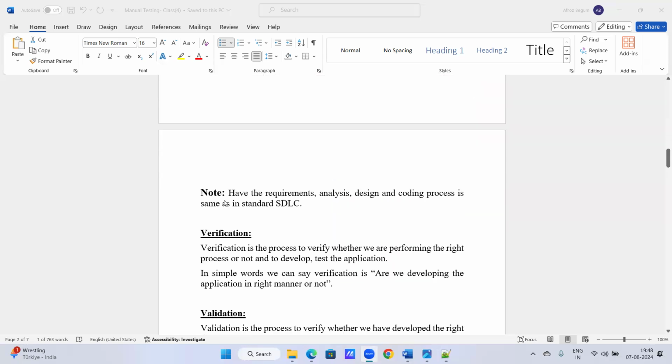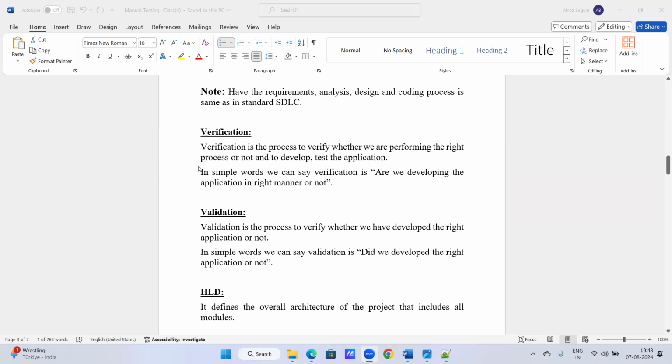Next, the requirements analysis, design and coding process is the same as in standard SDLC. I have also mentioned here the definitions of verification and validation. If the interviewers ask you what is verification and what is validation, you can give these definitions. Verification is the process to verify whether we are performing the right process or not in developing and testing the application.